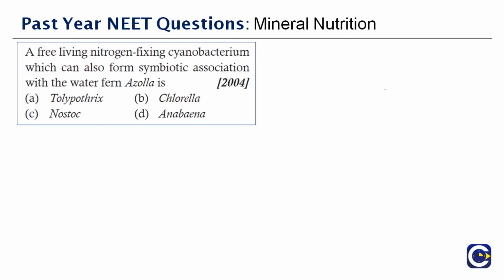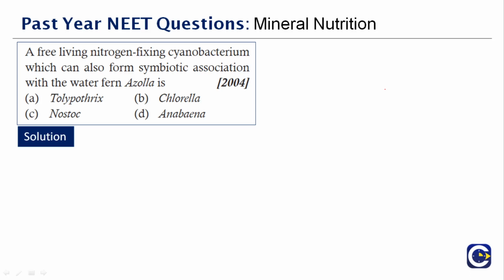A free-living nitrogen fixing cyanobacterium which can also form symbiotic association with the water fern Azolla is dash. So if you look at this question, you have four options here. Okay, look at the first one. We'll discuss one by one. Tolypothrix.